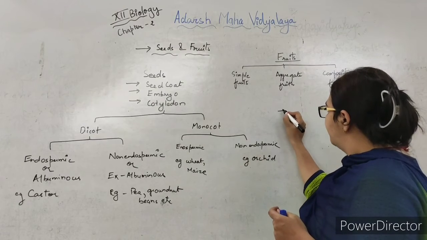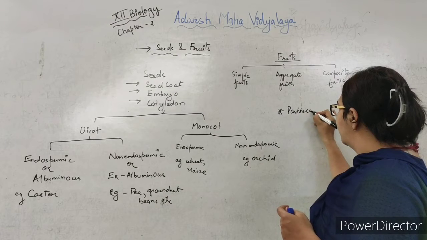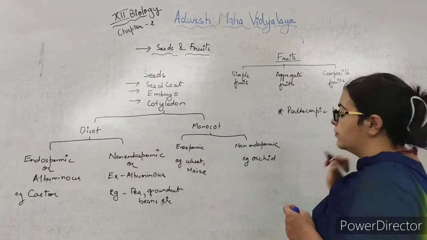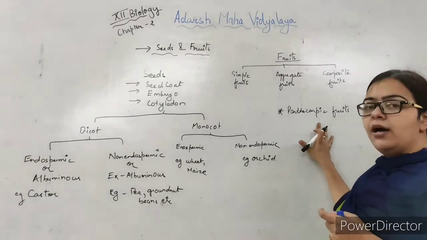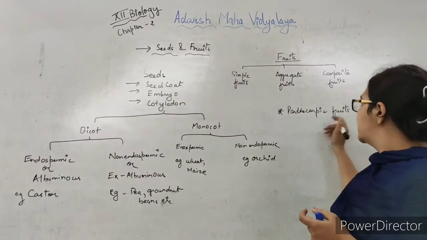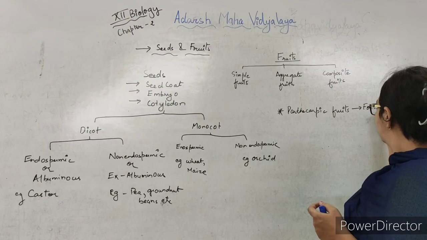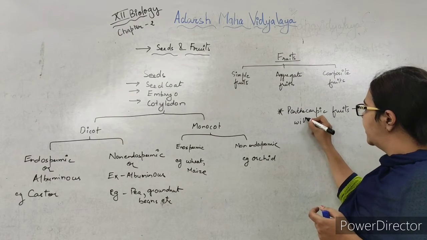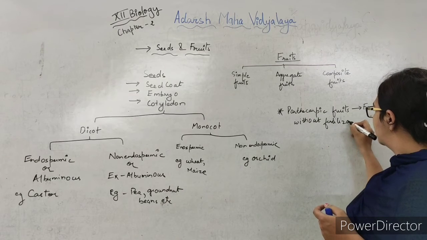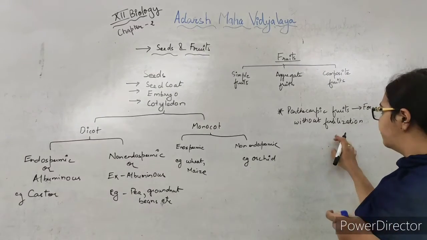Now there are special types of fruits which are called parthenocarpic fruits. When fruits are formed without fertilization, I repeat, when fruits are formed without fertilization, these are called parthenocarpic fruits.